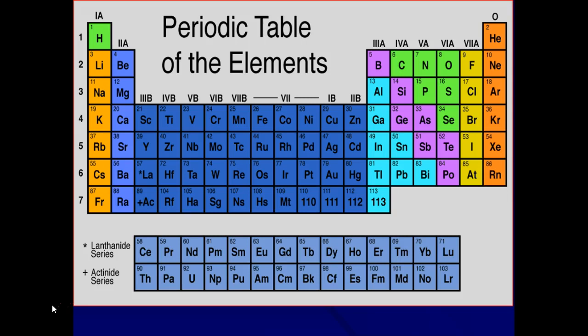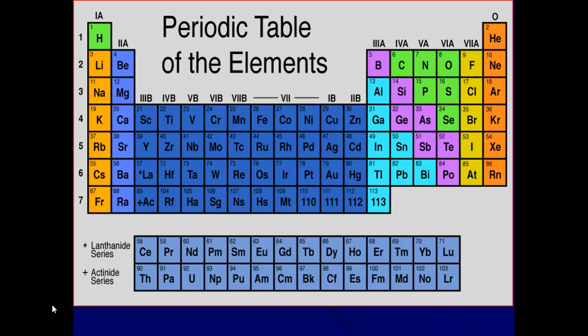But I want to show you another periodic table, and this one is organized according to a principle called electronegativity. Electronegativity is a measure of how attractive the atoms of an element are to electrons. So electronegativity is a measure of the attraction of an element to electrons.